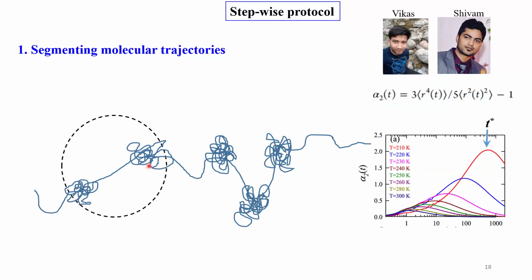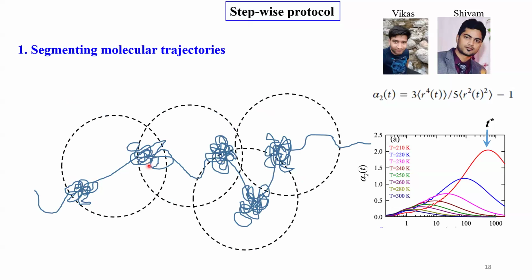So first we will segment this trajectory into different segments of a particular time. What time will we choose? It can be arbitrary, but we have taken this time. This time basically comes from the non-Gaussian parameter. The non-Gaussian parameter basically says at what time the dynamics of the molecules in different directions are maximally unequal. That means the time where the dynamic heterogeneity is maximum. That time, T star, we have chosen for this segmentation of the trajectories.